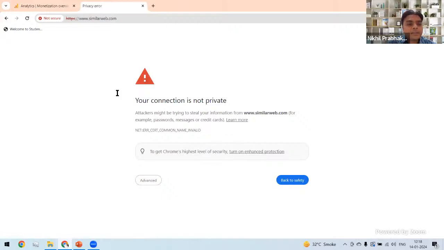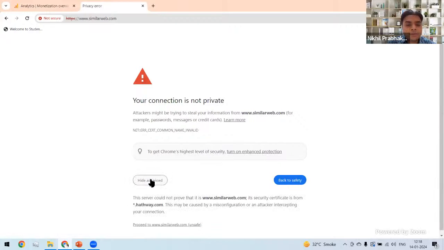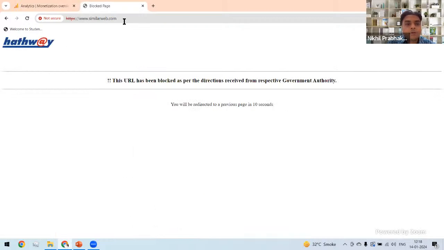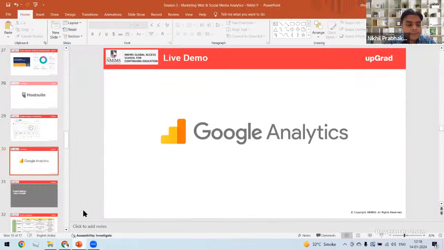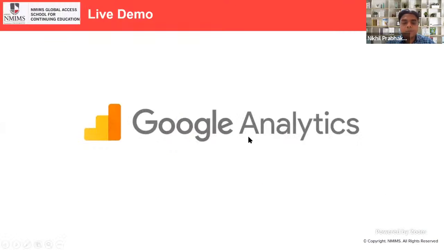Now you can see, oh, this is not opening. This is a blog page. So this got blocked as per the government's direction. Otherwise, it used to be quite a good website or a Chrome extension to monitor other websites that you don't own. All right. So that is all that we have from the perspective of Google Analytics.